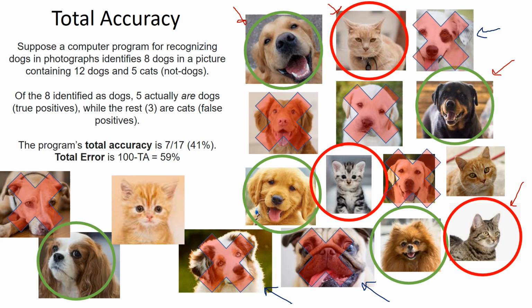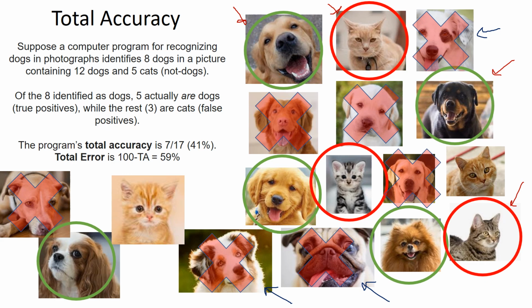We've classified cats as dogs in 3 cases, and we've got 1, 2, 3, 4, 5, 6, 7 cases where we were shown a picture of a dog and we said it was not a dog.